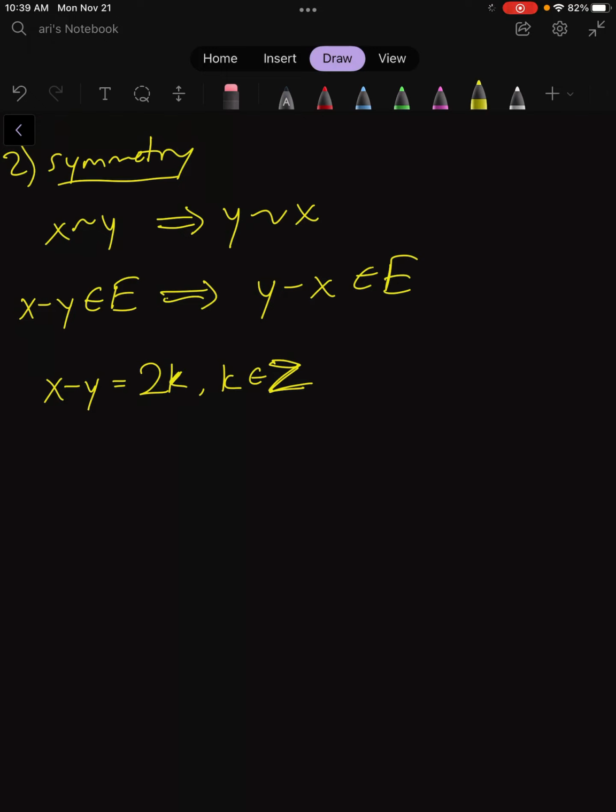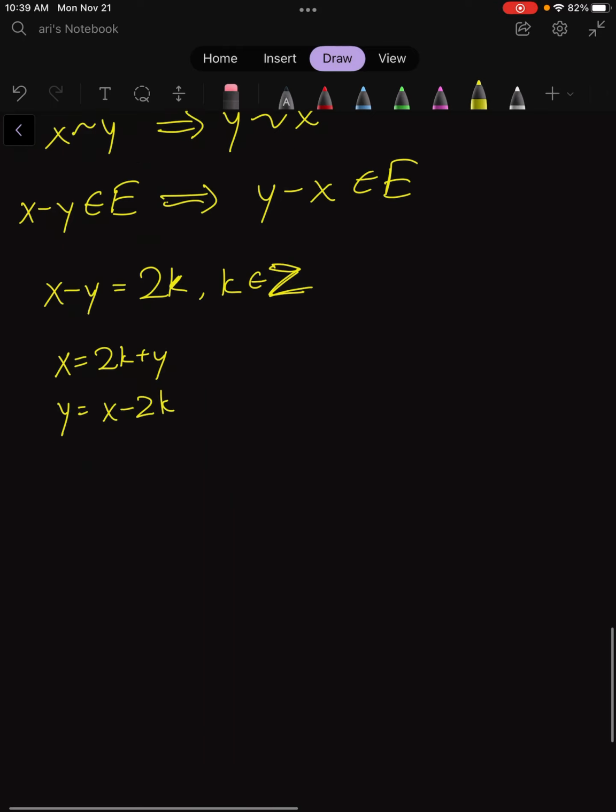So x minus y is even. That's what this means. And for y minus x, there's two ways of going about this. We could say, now we know that x is equal to 2k plus y, and y is equal to x minus 2k.